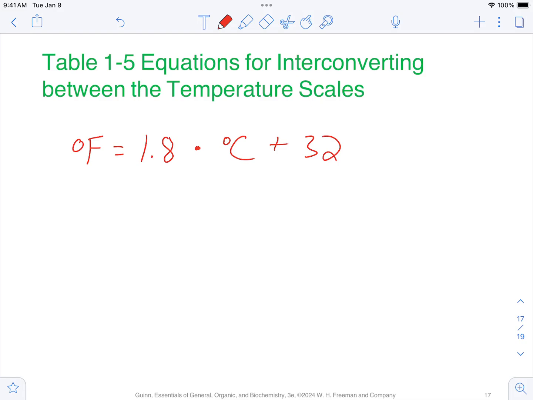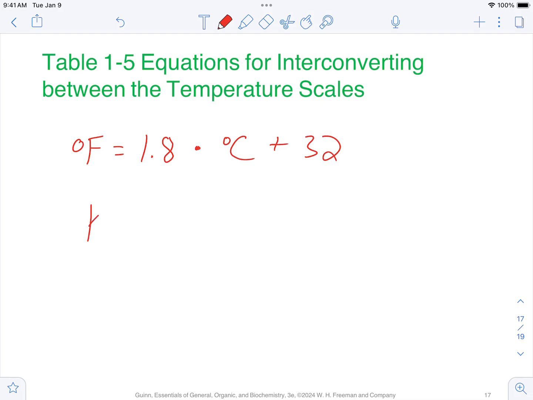If you're given Celsius, you can just plug that right in and do your math. If you're given Fahrenheit, you could just plug in there and then solve for C. So you would subtract 32 and then divide by 1.8. So just one universal equation. You'll see other things using 5/9 and 9/5 and plus 32 and minus 32. I think this is the cleanest and the easiest.